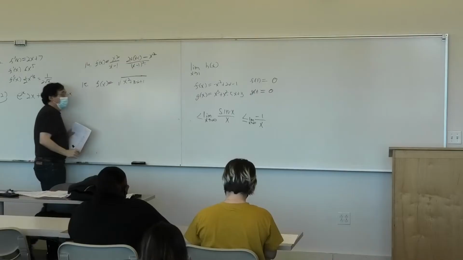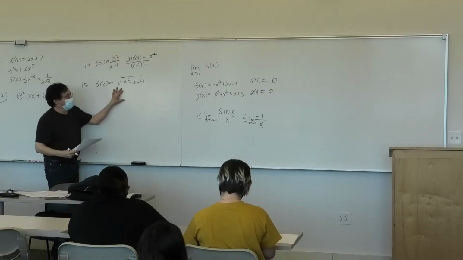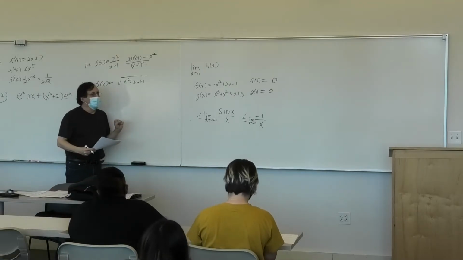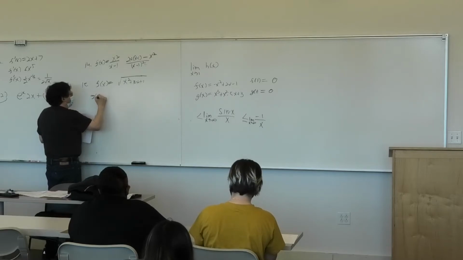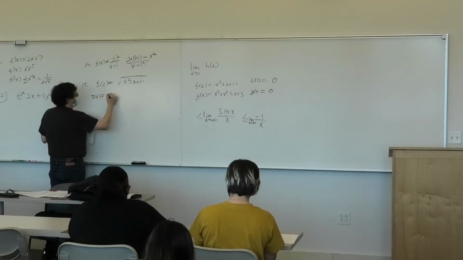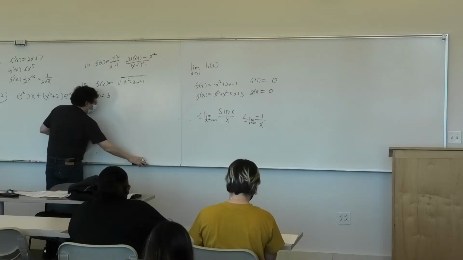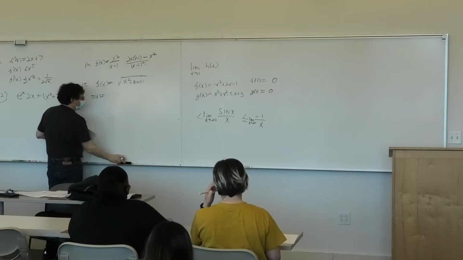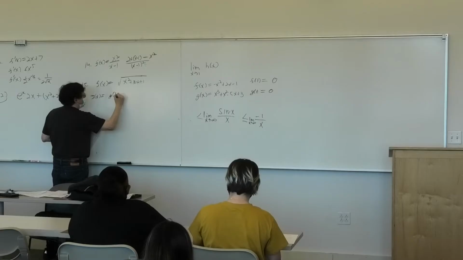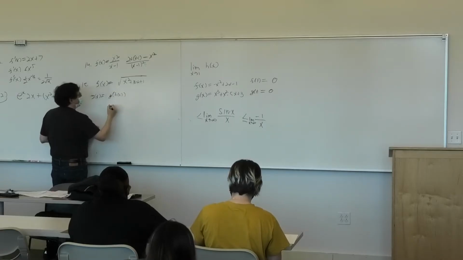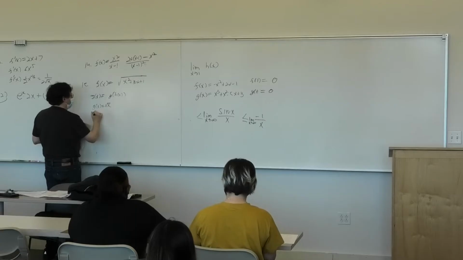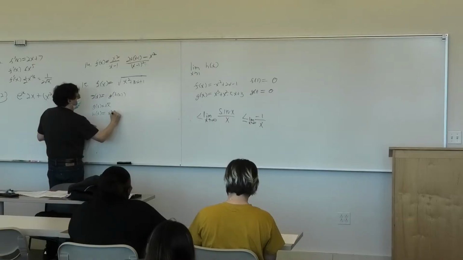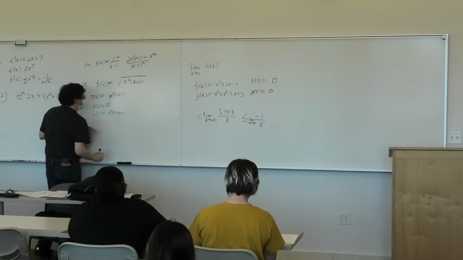Now, by the end of this class, you should be able to just look at this and write down the answer. But let's treat this as f of x equals g of h of x, where g of x is square root of x and h of x is x squared plus 3x plus 1.